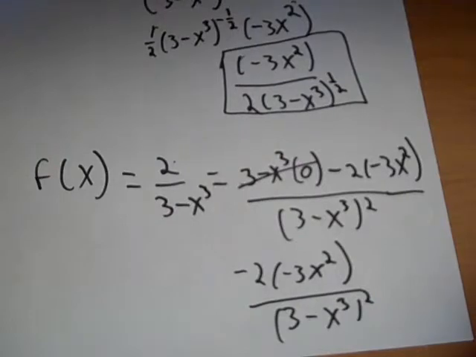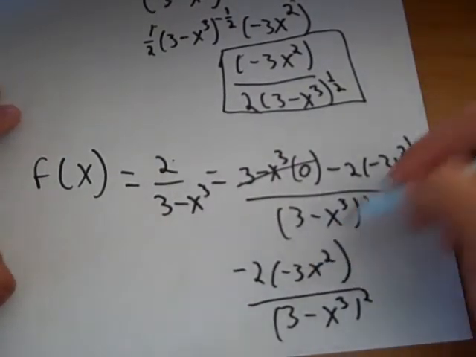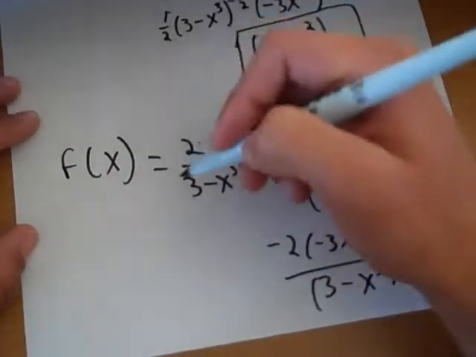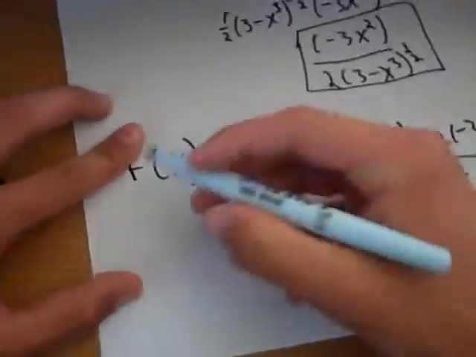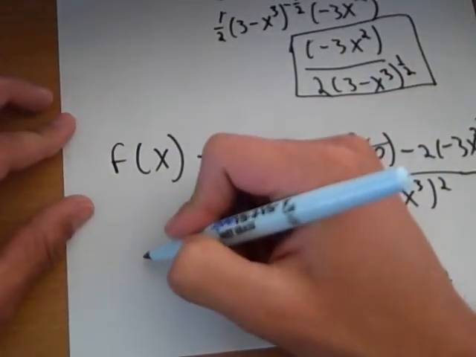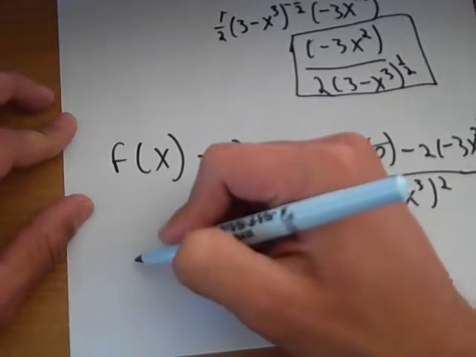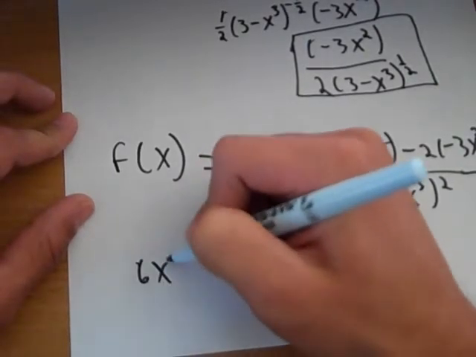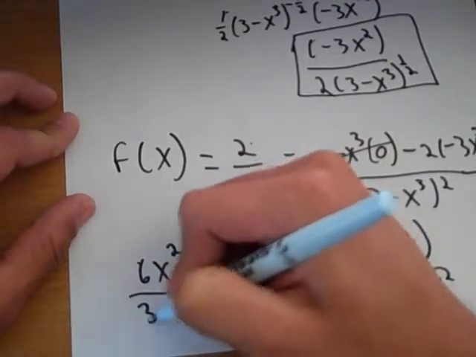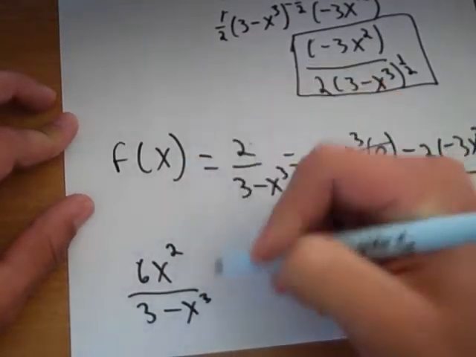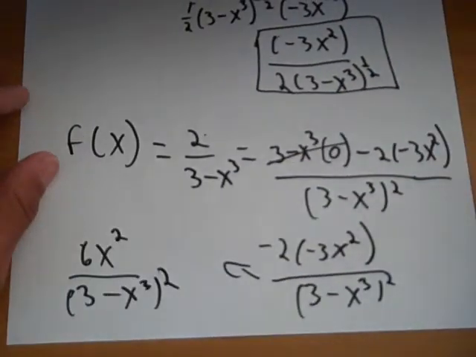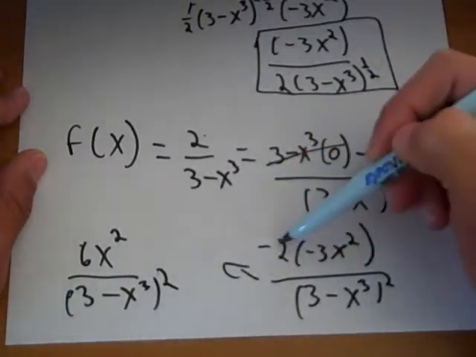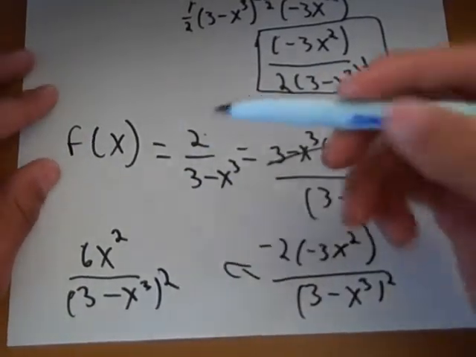Alright, and now just to simplify it more, you multiply the 2 in there on the top, and you get, I'll just put it over here, positive 6x squared. And there you go. That's what you get from this to this, because it's 2 negative, so it makes it positive. I just didn't write that step.